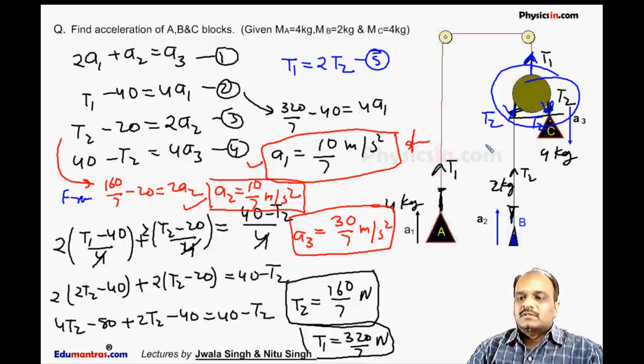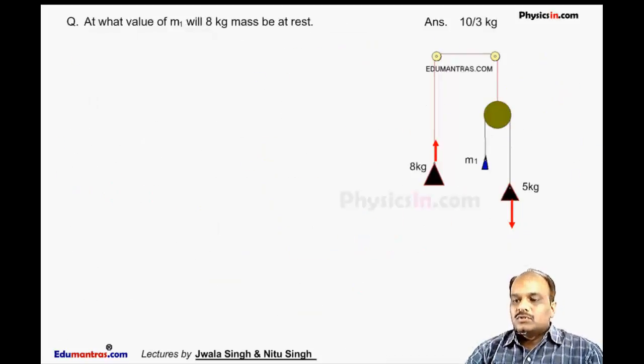These are the answers. Now in this question we have to calculate the value of M1 such that the 8 kg block B is at rest. So the acceleration of the 8 kg block is 0.